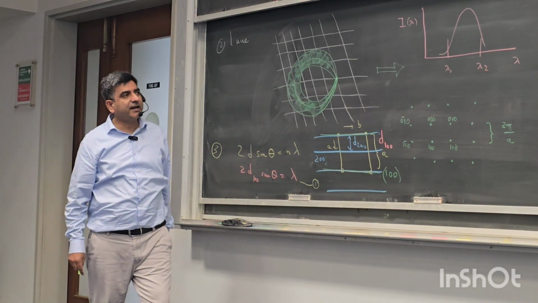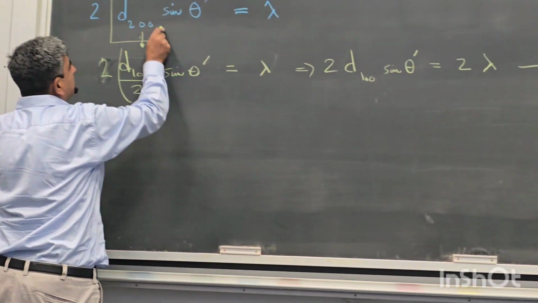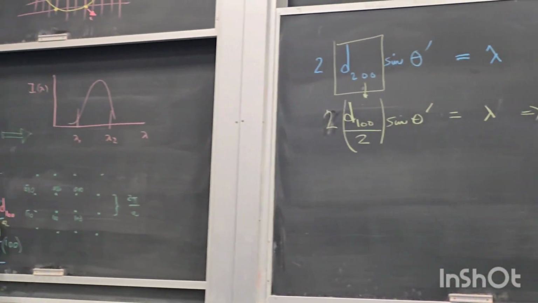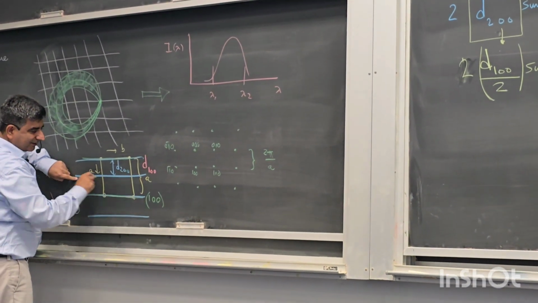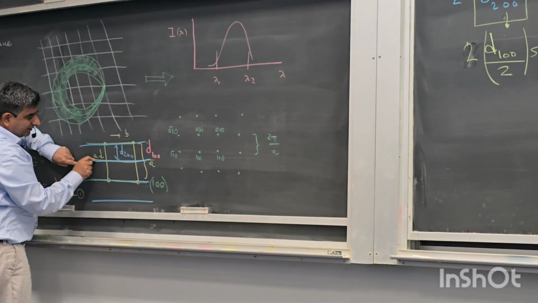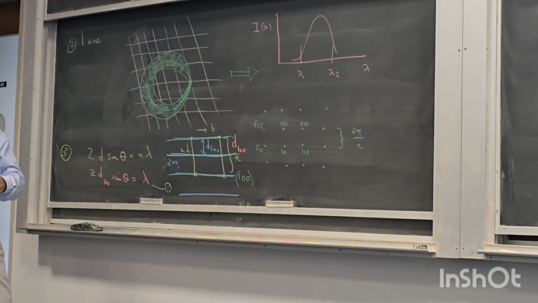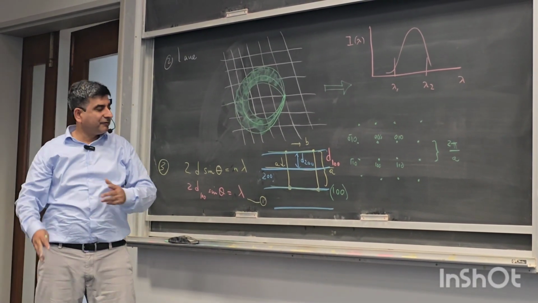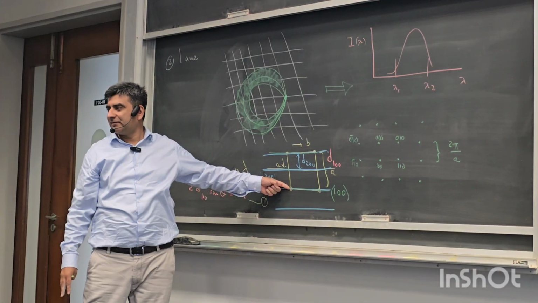So this means that a first order reflection from this reflecting plane, which is not a true lattice plane, this plane here in the middle, gives the same scattering angle as a second order reflection from the original lattice planes.